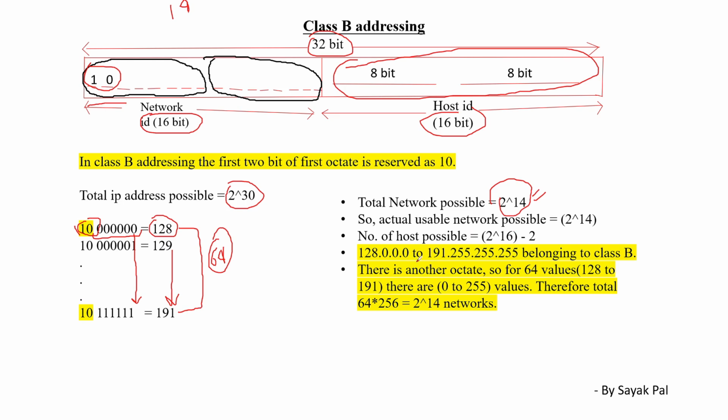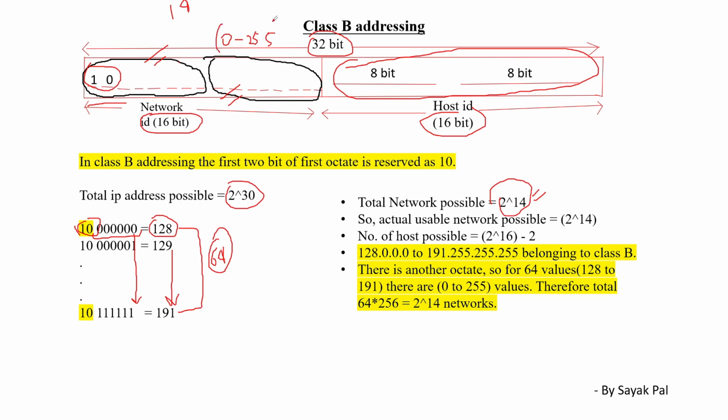Now let's talk about this. If you can see, there is another octet, this is the octet, another octet. That means for these 64 values, for each value there are 0 to 255 other values.